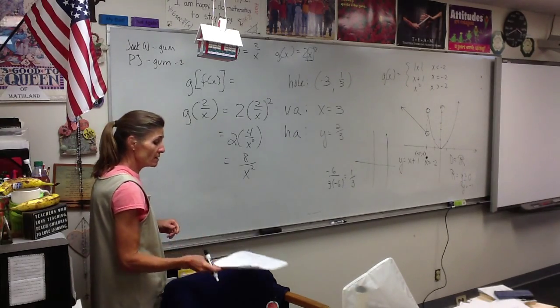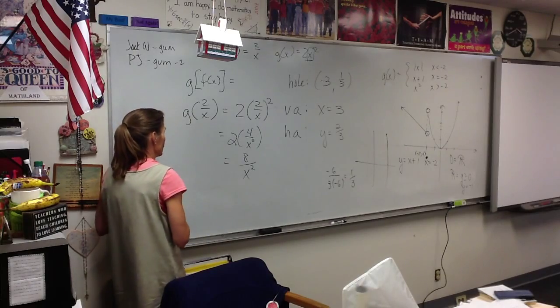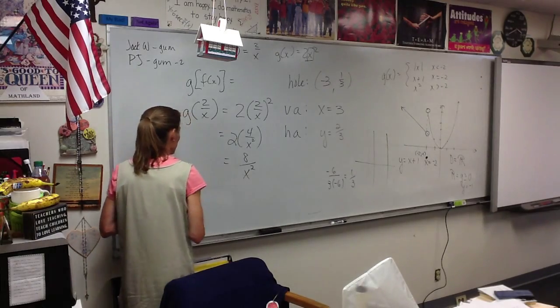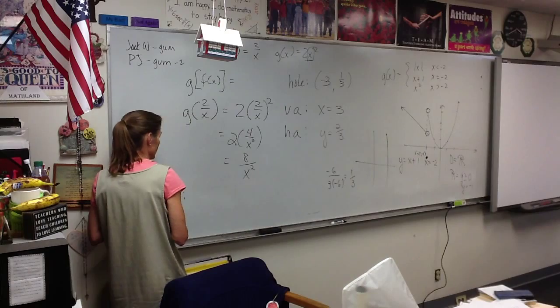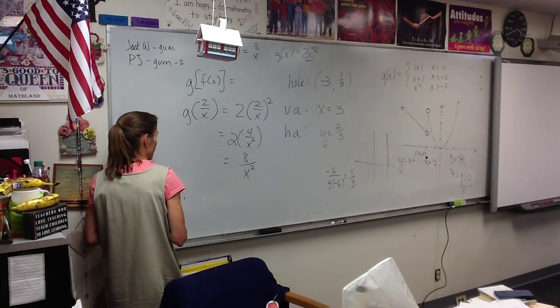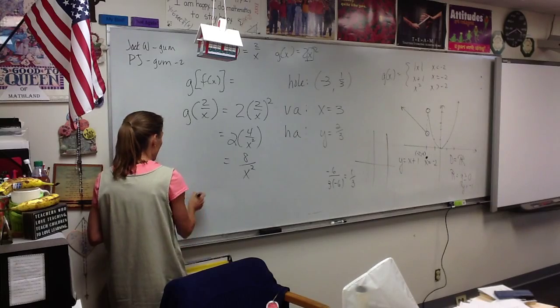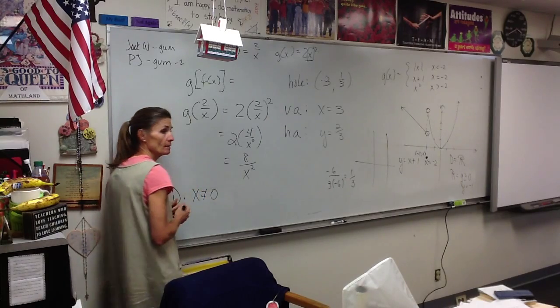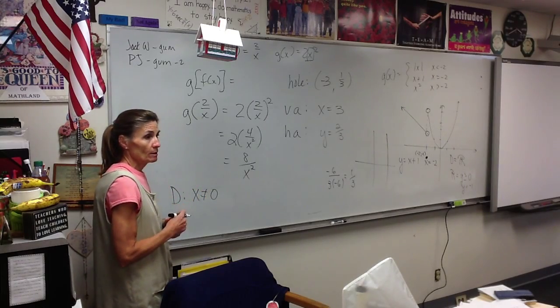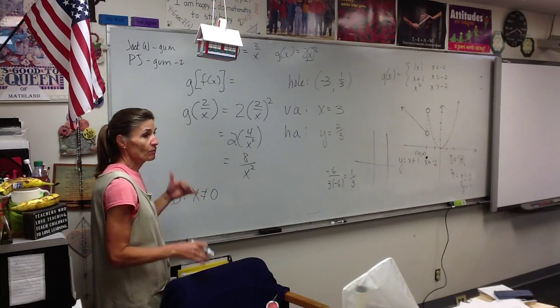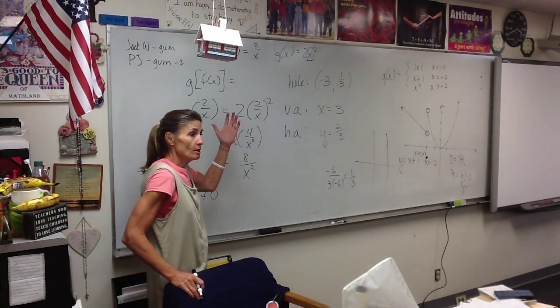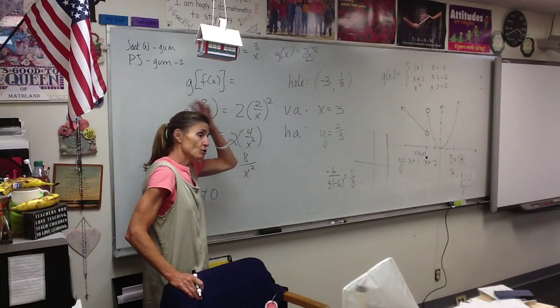Now we want the domain and range. Tell me about the domain. All reals. Ooh, watch it. X can't equal 0, right? Okay, let's refresh our memories. This is huge. What are the rules for domain? What are the 2 things I look for?